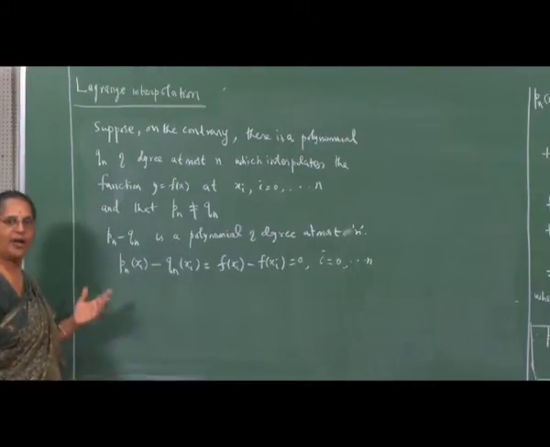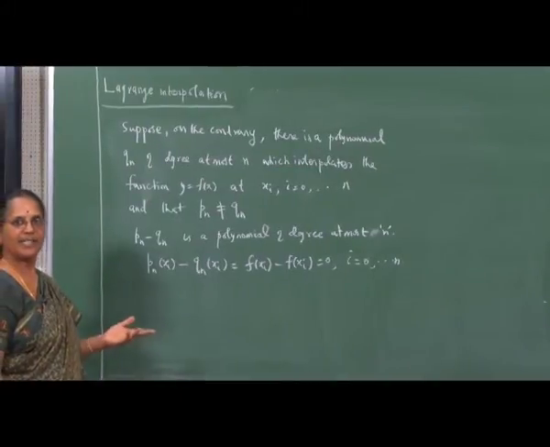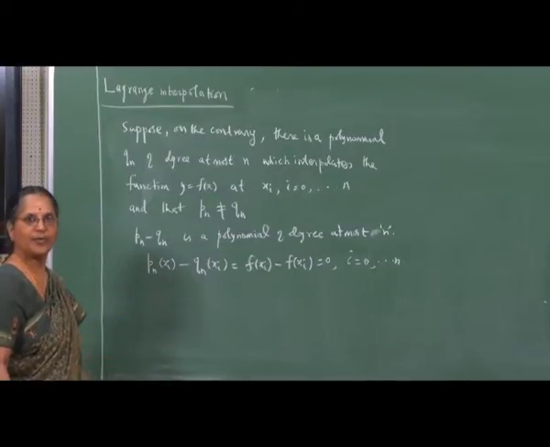Since a polynomial of degree at most n cannot have n plus 1 distinct roots, it is identically 0.